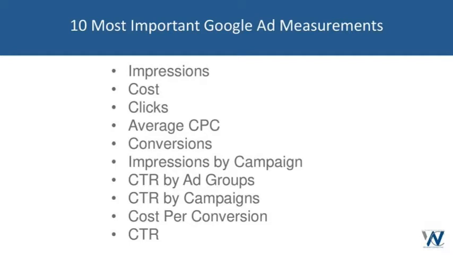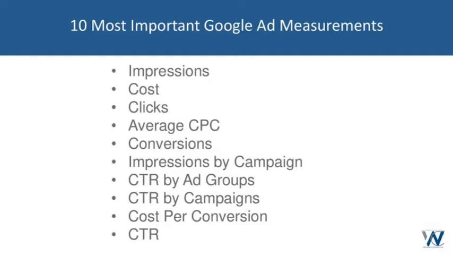So let's talk first about the 10 most important Google Ads measurements. These are all measurements that you can find within the Google Ads interface. Things like impressions, how many people see your ads; the cost, how much you're spending; how many clicks you've received; your average cost per click; and the number of conversions. That can be a lead form, or a transaction like an e-commerce transaction, whatever you define as your conversion.